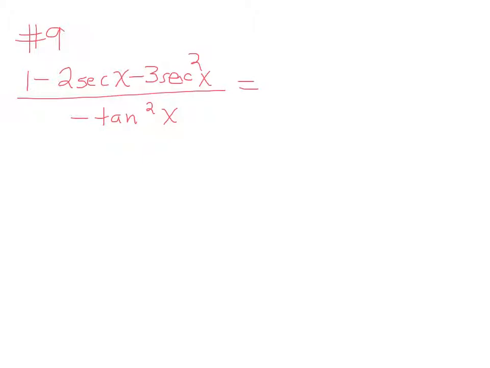And that is supposed to be equal to 1 minus 3 secant of x divided by 1 minus secant of x. Okay. Did any of you approach this problem, number 9?